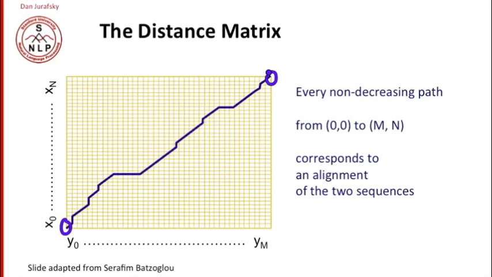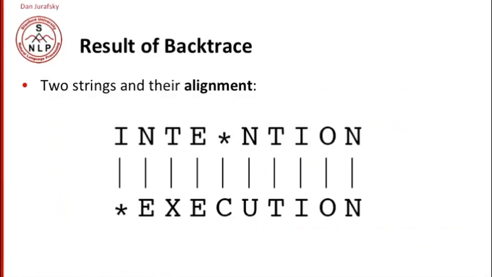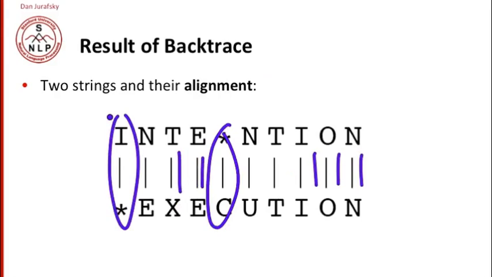An optimal alignment then is composed of optimal subsequences, and that's the idea that makes it possible to use dynamic programming for this task. So the result of our backtrace is two strings and then the alignment between them. So we'll know which things line up exactly, which things line up with substitutions, and then when we should have insertions or deletions.